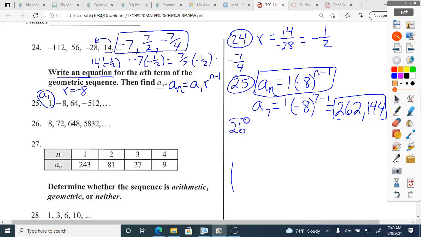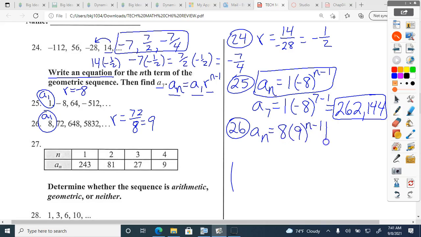26, we do the same process. Let's see here, a1 is going to be 8, it's the first term. And then what are they doing to get the next one? 72 divided by 8 would be 9. So r is 9. So we just plug in for a1 and r. An would be equal to a1, which is 8, times r, which is 9, to the n minus 1 power.